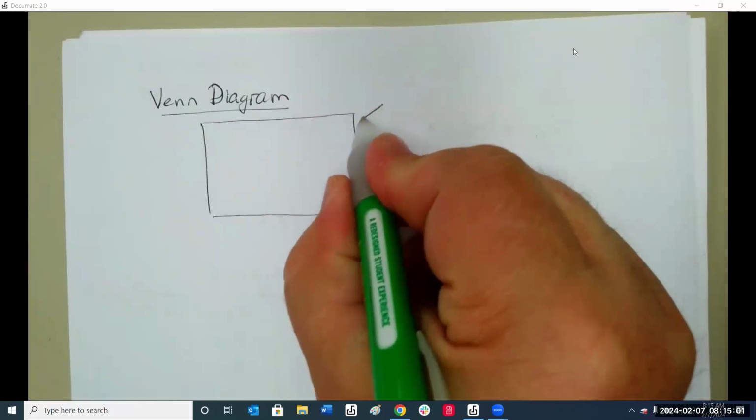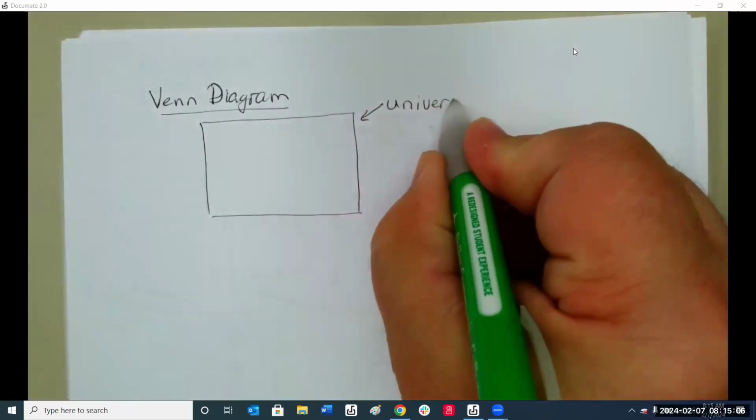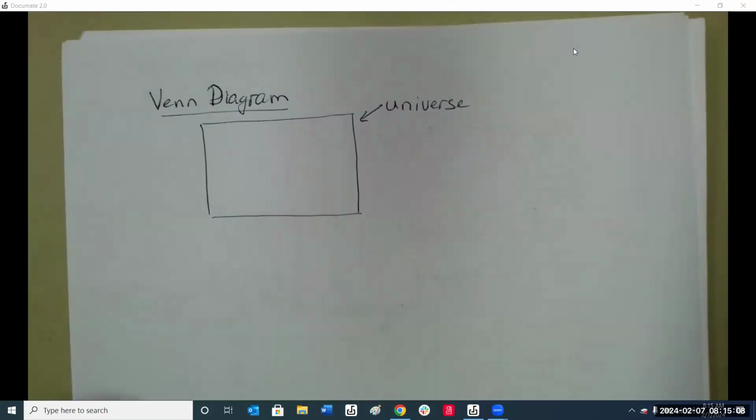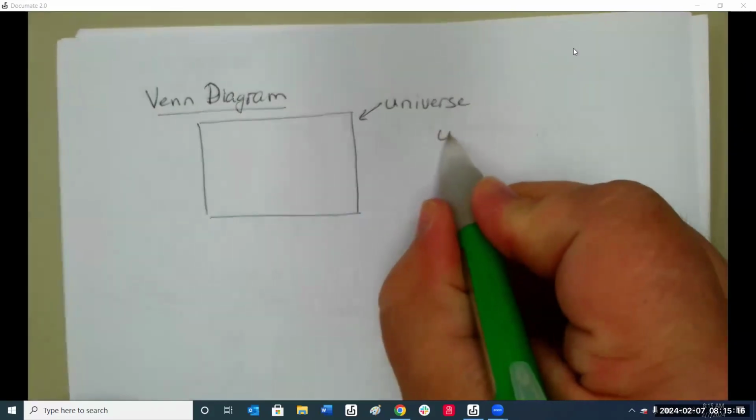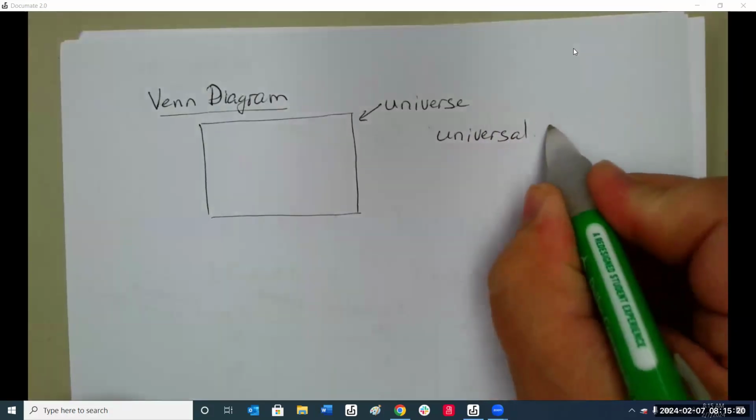This box represents the universe. The universe is what we call the elements that we're talking about. This is a universal set.